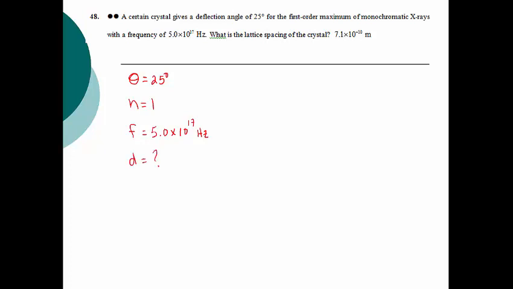So this is Bragg's law, which gives us a slightly different version of Young's equation. 2D sine of theta is equal to n times the wavelength. But here they gave us the frequency rather than the wavelength.